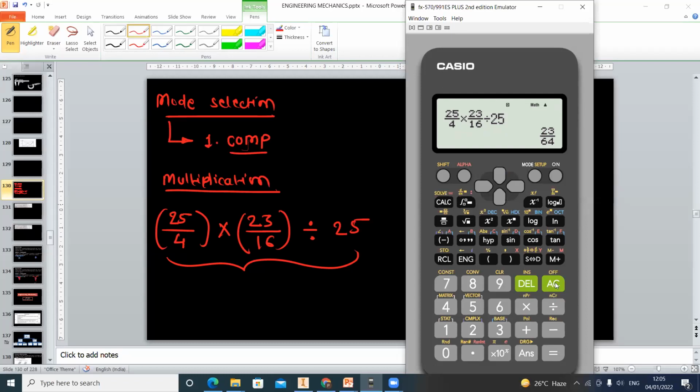Again press AC. You can see the previous calculation. But if you press the on button, then you will erase everything from the memory. So this is the basic equation. We have seen how to enter the fraction and how to convert the fraction into decimal places.